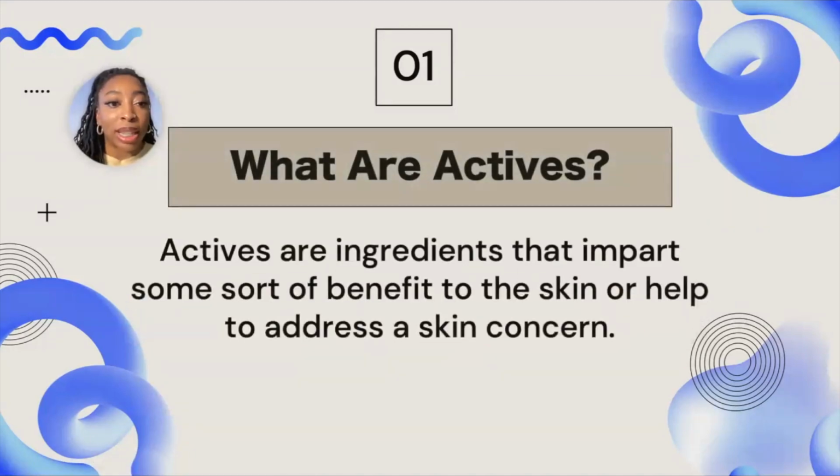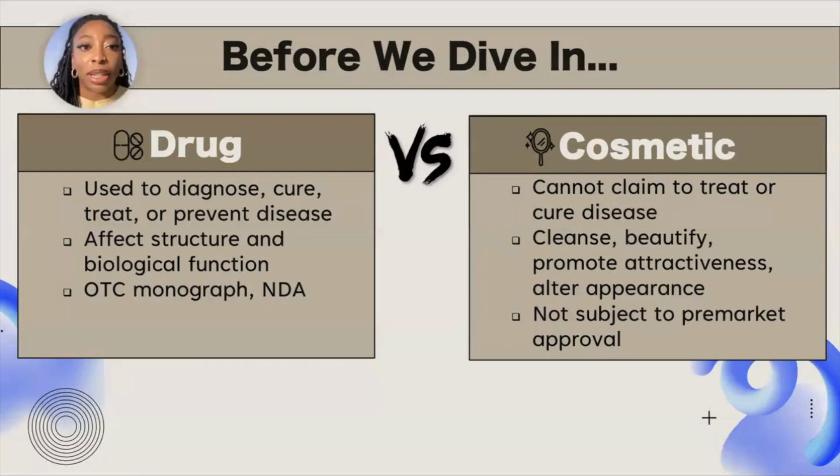Actives are ingredients that impart some sort of benefit to the skin or help to address a skin concern. But before we dive in, it is important to make the distinction between drugs and cosmetics. Per the Code of Federal Regulation, a drug is used to diagnose, cure, treat, or prevent a disease.